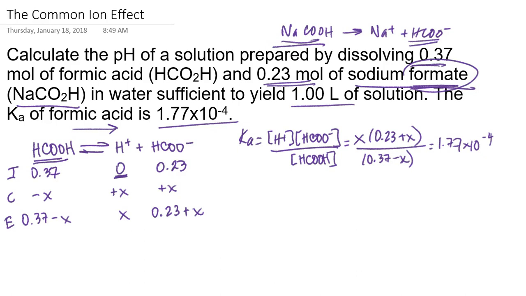Now, since this Ka is somewhat small in comparison to the initial concentration of the formic acid in particular, then I'm going to go ahead and make our assumption that X is small. And so what that does is it makes it negligible compared to this term up here, the 0.23 plus X, and also the difference term, much like we've been seeing over the past couple of chapters since we started studying equilibrium.